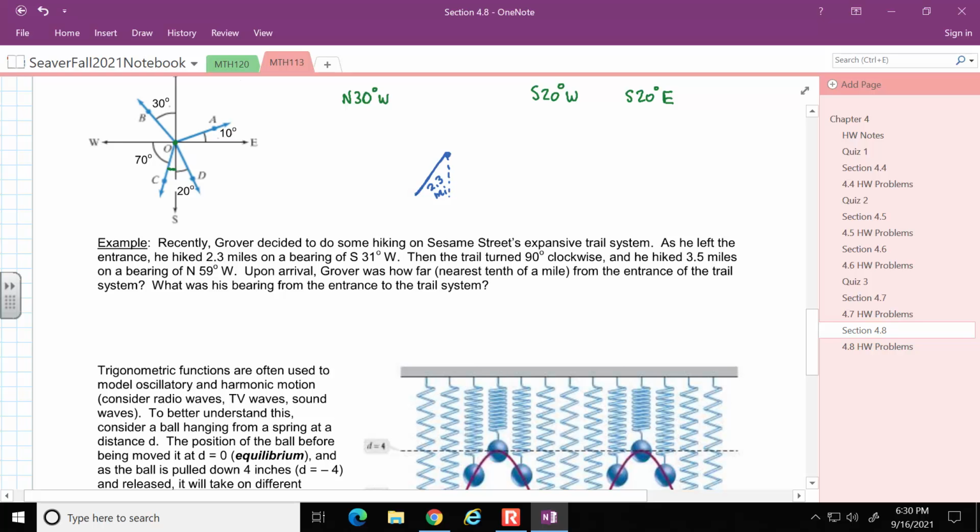It says the trail turned 90 degrees clockwise. So he's not going this way anymore. And it says he hiked 3.5 miles on a bearing of north 59 degrees west. So instead of going straight north, he's going north, and then he's going 59 degrees west, and he went about 3.5 miles.